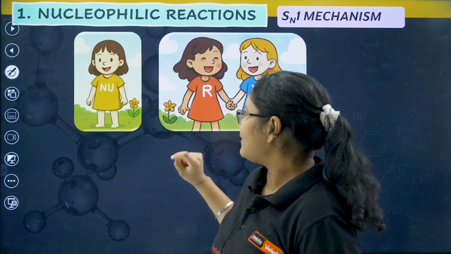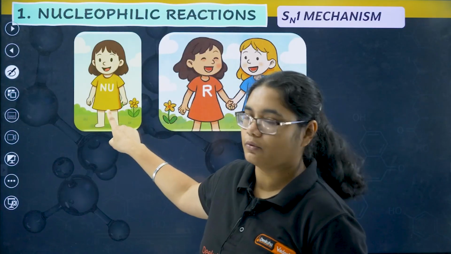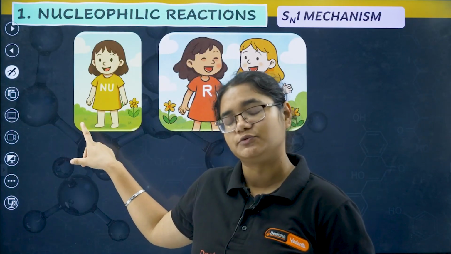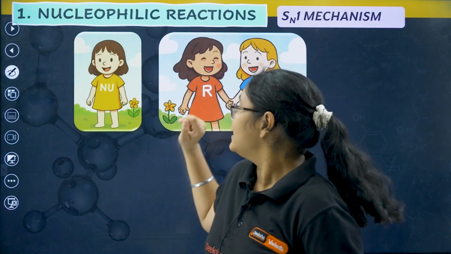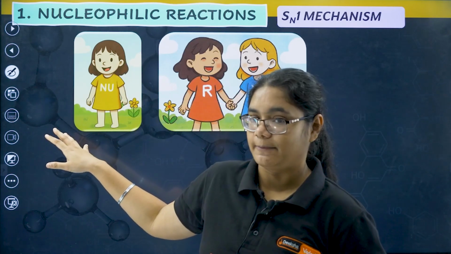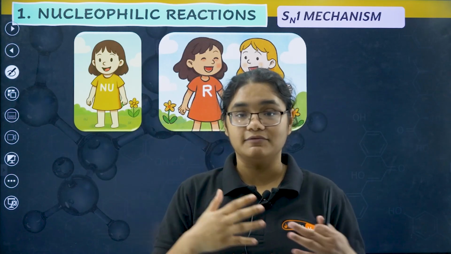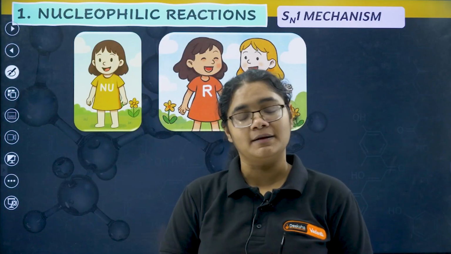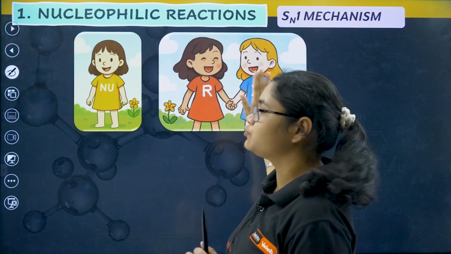When R came to know that this nucleophile is there and she is very rich, R immediately wanted to make friendship with the nucleophile. In the previous case, the 3 of them were friends for some time, and after that X was kicked out.